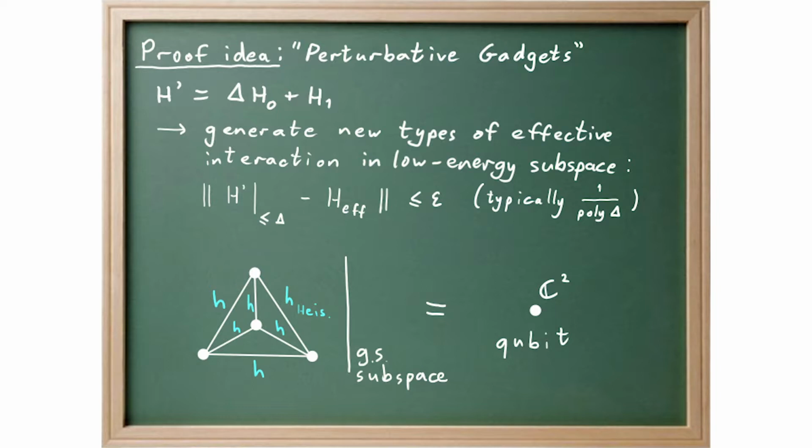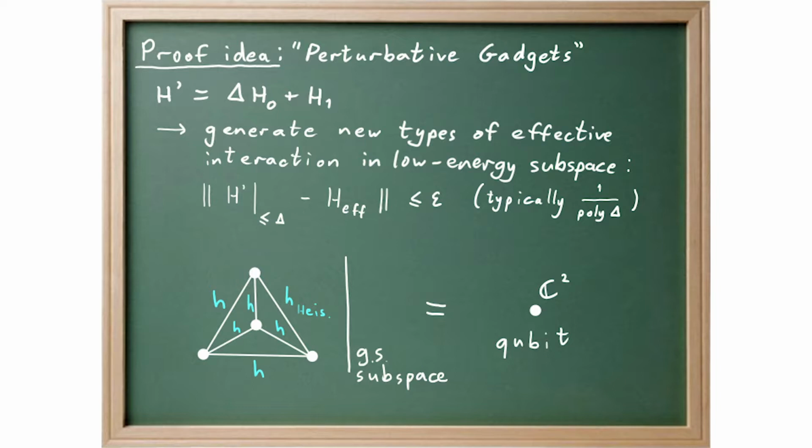how we prove this. The key idea behind this proof is that of perturbation gadgets, which is an idea that comes from Hamiltonian complexity theory. So perturbation gadgets are just undergraduate perturbation theory in quantum mechanics, but done rigorously. Typically in perturbation gadgets, you have some Hamiltonian that's very, very strong and some other weak interactions.